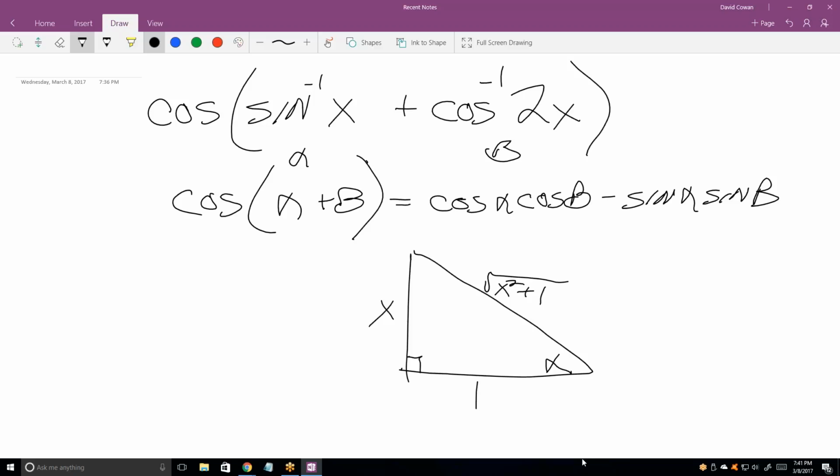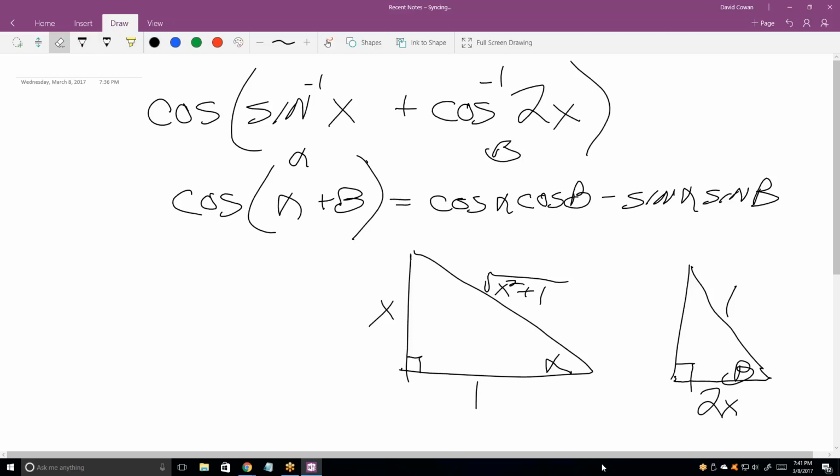And then I got another triangle for beta. A different triangle. And beta, the cosine, is 2x over 1. We didn't do the first one right. I didn't do it right.